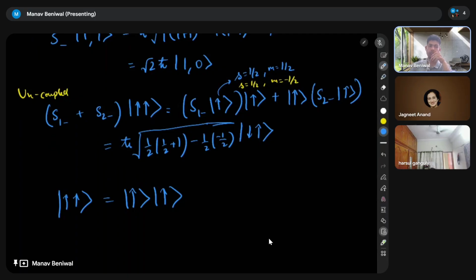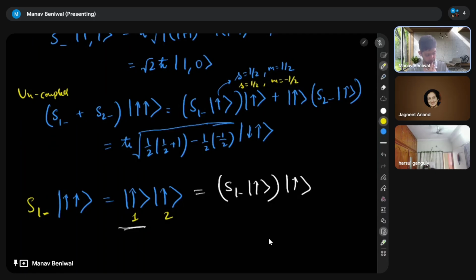So we can simply multiply their wave functions. The first one corresponds to our first electron, and the second one corresponds to our second electron. When I do S1 minus on this, this operator lowers the first electron. It will affect only my first term, and the second term remains as it is.